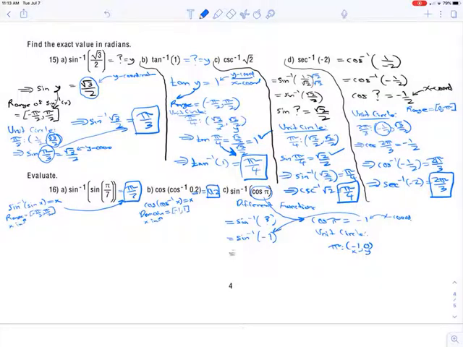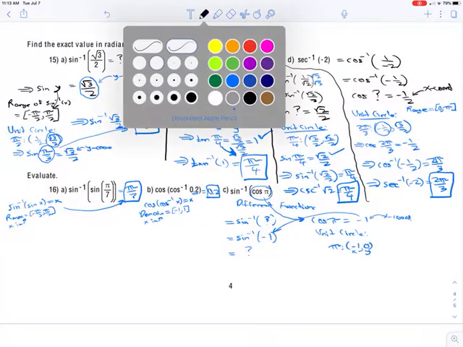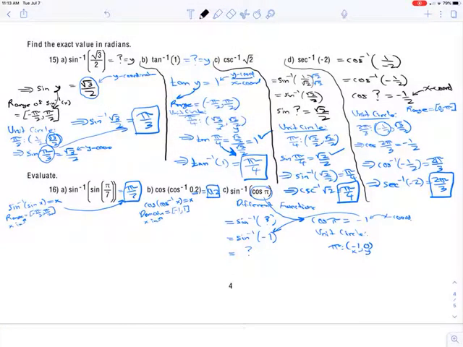And what's sine inverse of -1? What does that equal? So our question is this: sine of what number is equal to -1? So again, we want a y-coordinate to be -1, and it needs to be in the range. Remember, the range on the sine inverse function is -pi/2 to pi/2. So that means we're going to have a value of -pi/2.